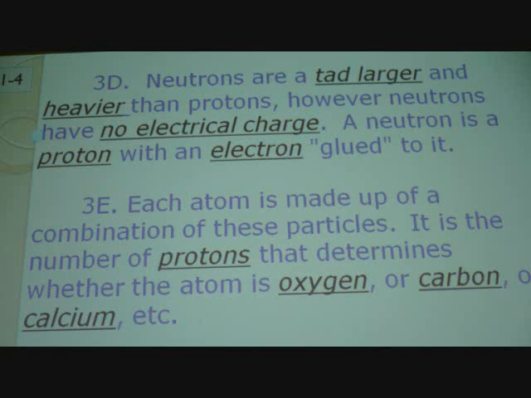They're just a little bit heavier than the proton, not much. They have no charge. That's what they call neutrons. They're neutral. And that last sentence tells you why it's just a bit heavier. And everything in 3E I've told you already.